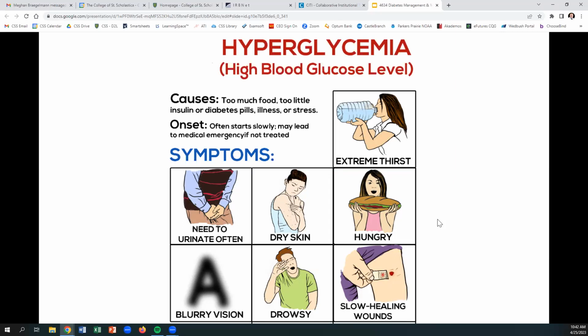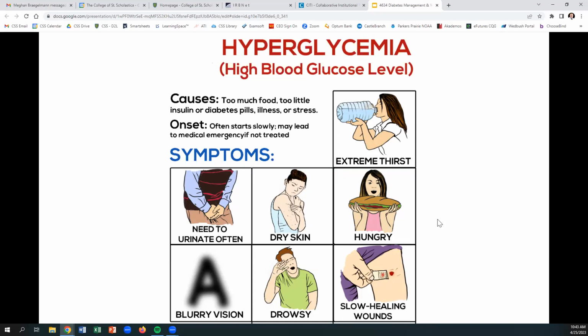It's also going to cause blurred vision and drowsiness. These are neurological side effects. So remember, the sugar is locked inside the vasculature. It's not getting inside the cells. It's not getting to the brain where it's needed. And so even though we've got all of this sugar, it's not being used.